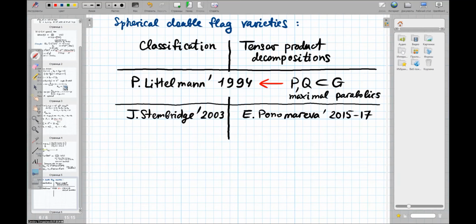Well, this was the application of the theory of spherical varieties, which I wanted to discuss first. Actually, my plan was to discuss other applications. For instance, I wanted to speak about how the theory of spherical varieties can be applied to enumerative geometry.